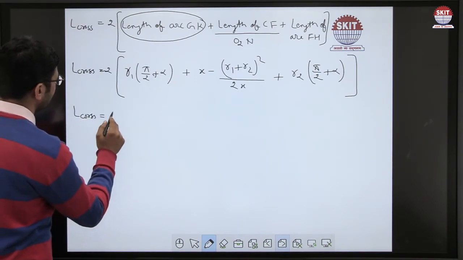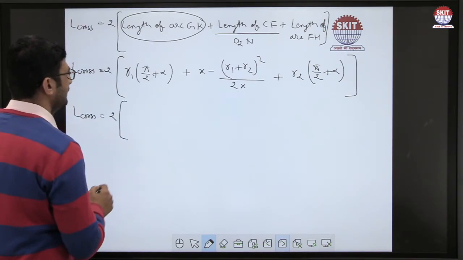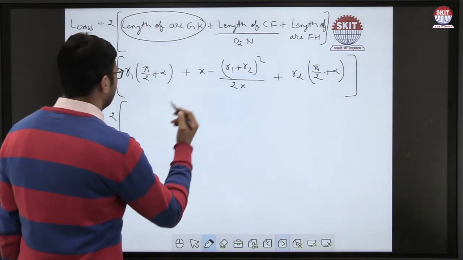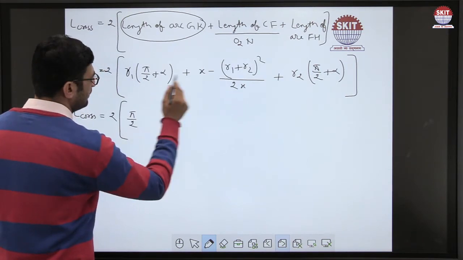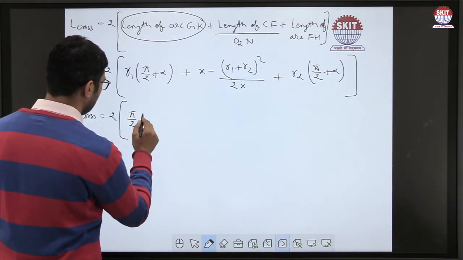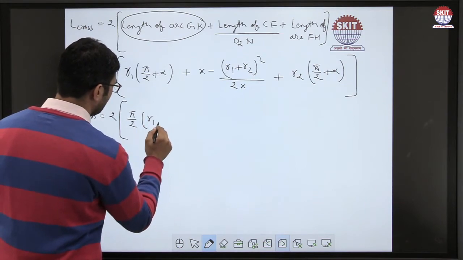L cross equals 2 times. We take pi by 2 and alpha common. If we take pi by 2 common from these terms, we get pi by 2 times (R1 plus R2).